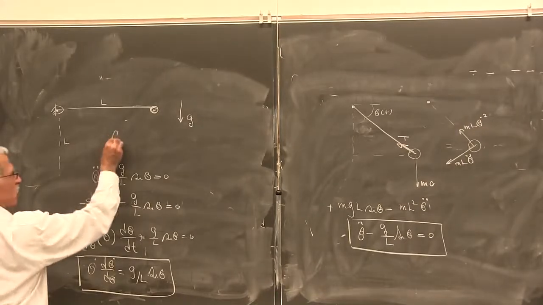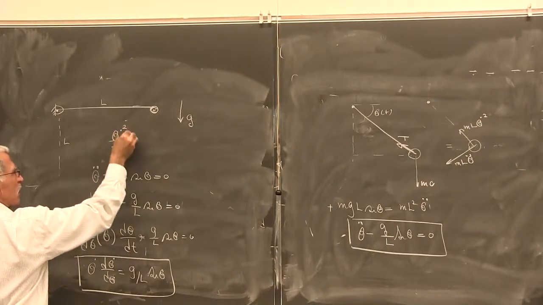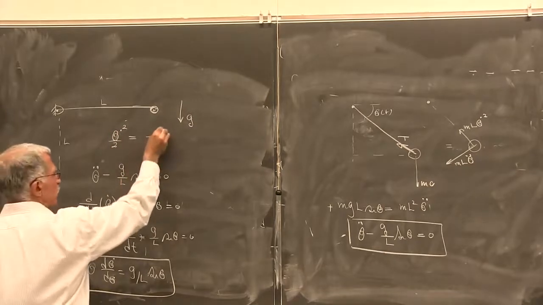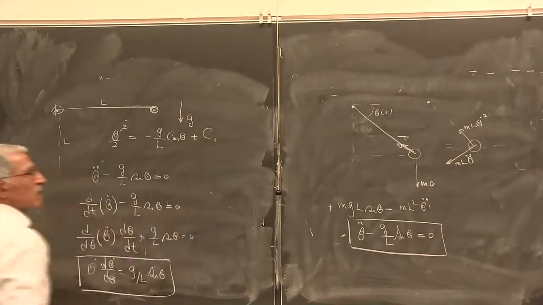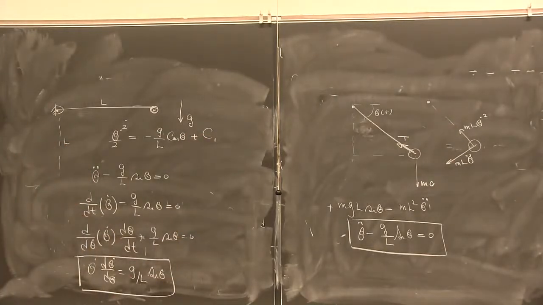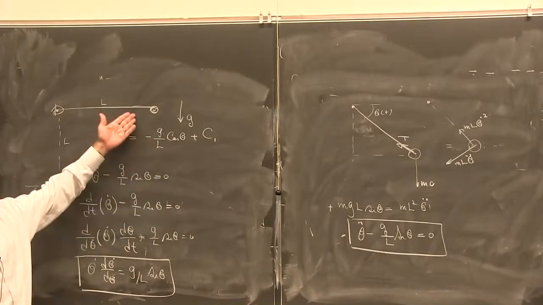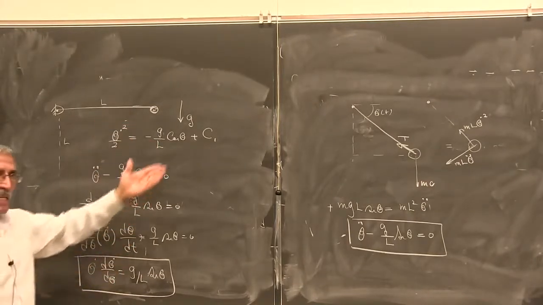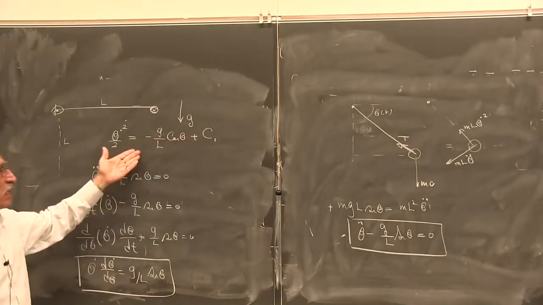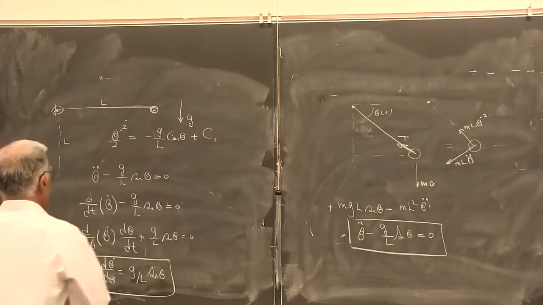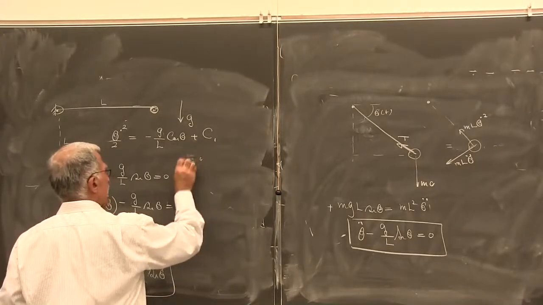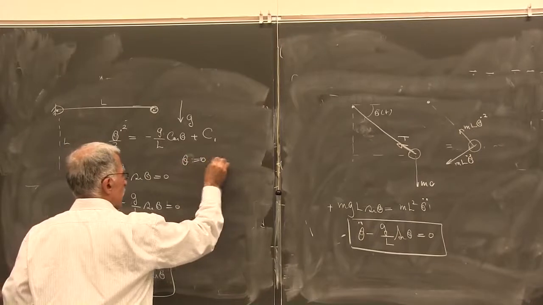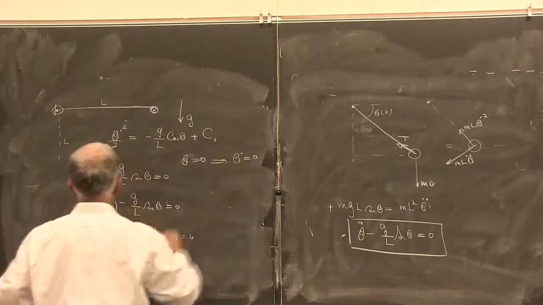So this becomes theta dot square over 2 is equal to minus g over L cosine theta plus a constant C1. And of course, when theta is equal to 0, you do not have any angular velocity. So at time equal to 0, at theta equal to 0, theta dot is equal to 0.